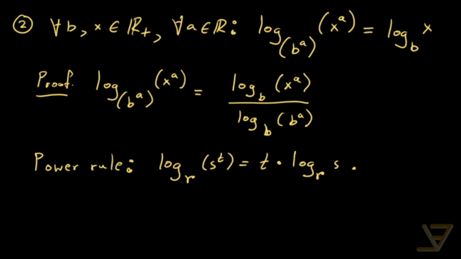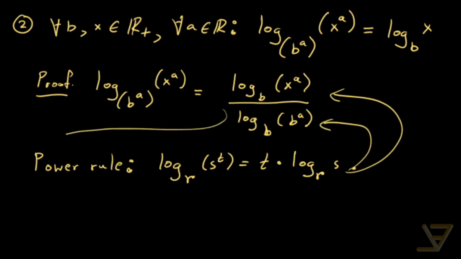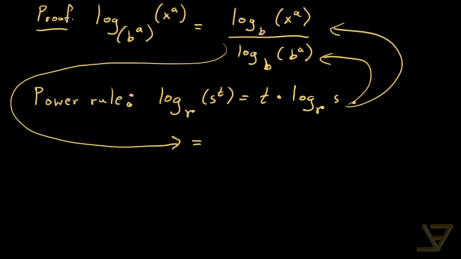If you have the time, I do recommend proving it on your own, but I'm just going to use it here. So we're going to apply it to the numerator, and we're also going to apply it to the denominator, so that we get a log b x over a log b b.